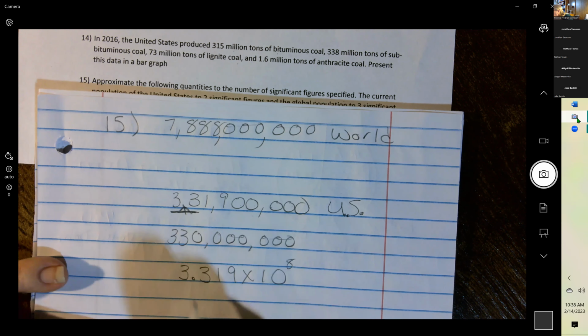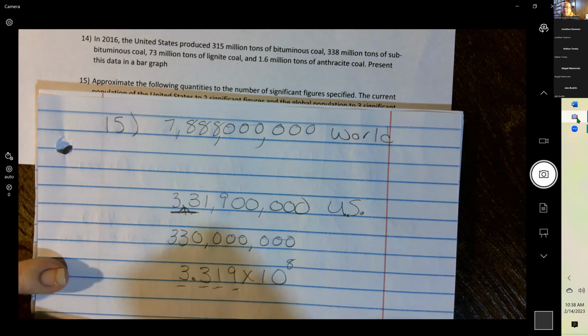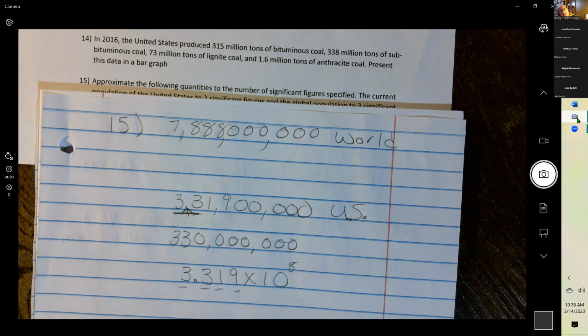If you want 2 significant figures, 1, 2. If you want 3, if you want 4. After that, you'd have to put 0. So we could not get significant digits further than 4 in this problem. So putting it into scientific notation first helps.